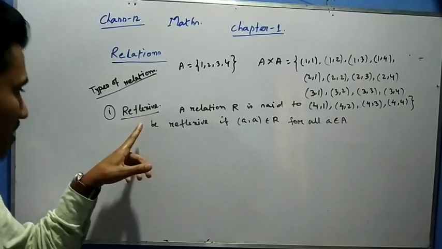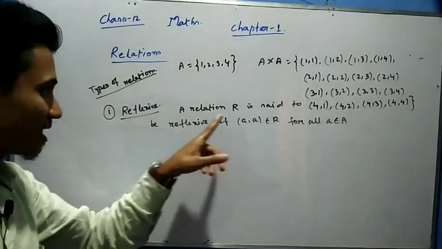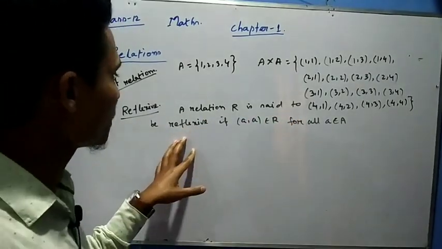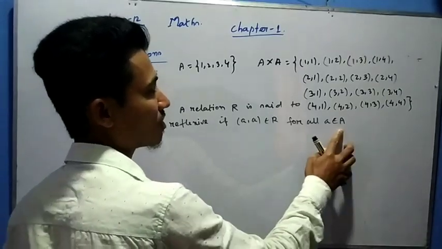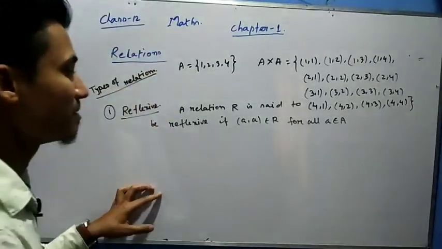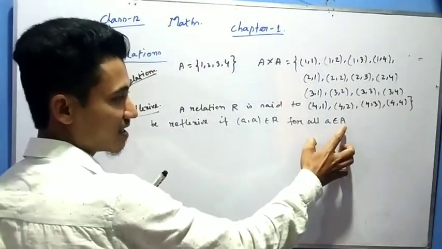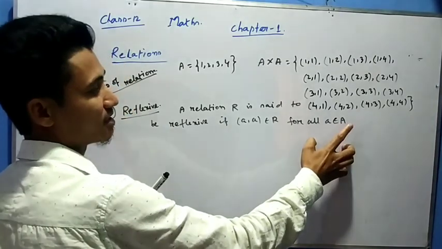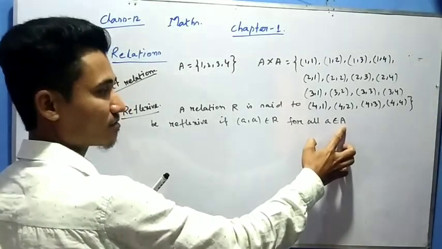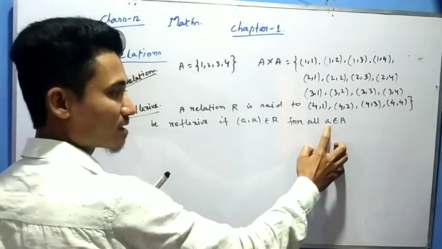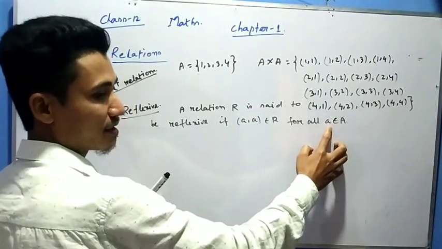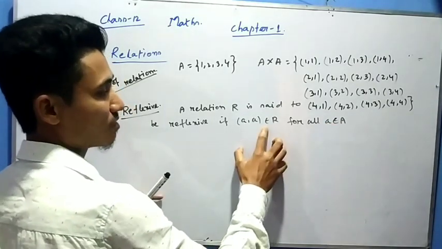First type of relation is reflexive. A relation R is said to be reflexive if (a, a) belongs to R for all a belongs to A. Meaning is what? On which set are we defining the relation? যে সেটের মধ্যে আমরা রিলেশন ডিফাইন করতেছি তার প্রত্যেকটি এলিমেন্টের লাগিয়া কি হতে লাগবে? (a, a) belongs to R হতে লাগবে.